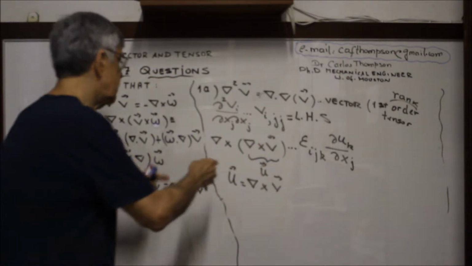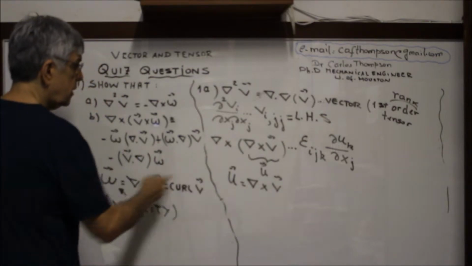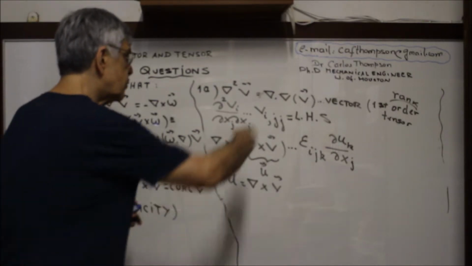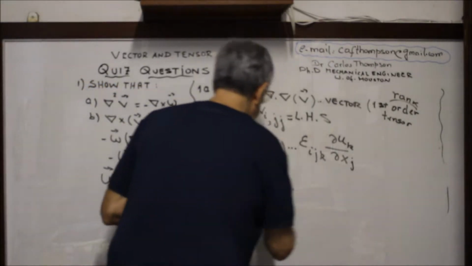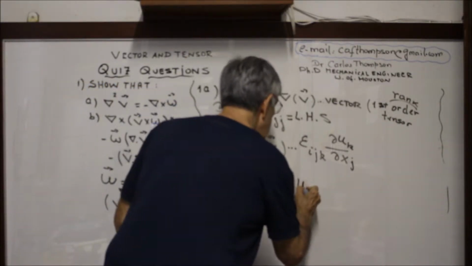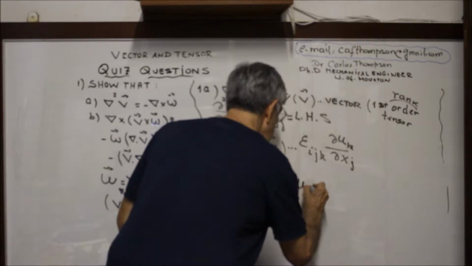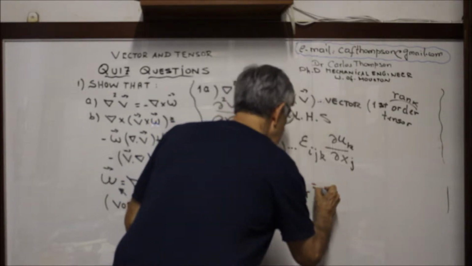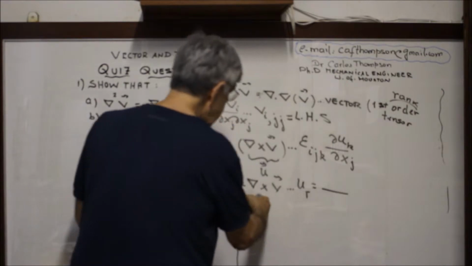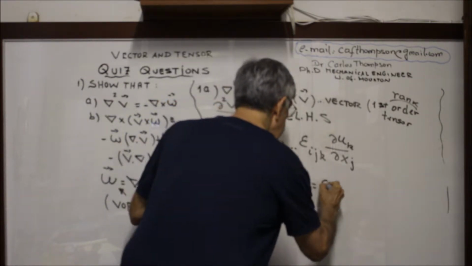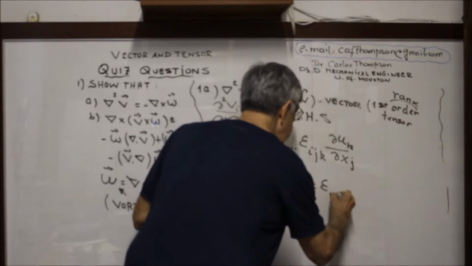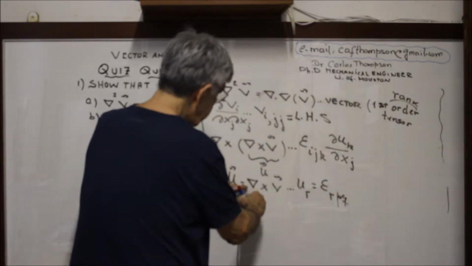Then I substitute u by omega. So this will be ur, and you have to pay attention here, because this will be epsilon rpq.